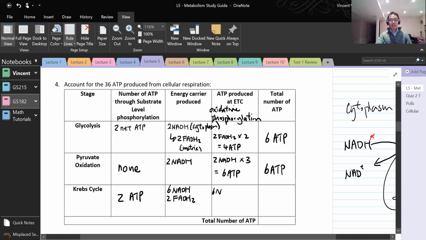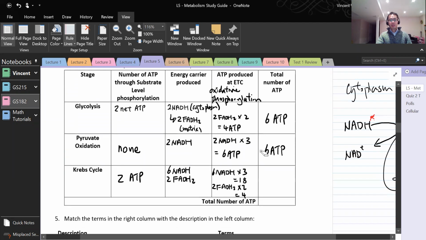So 6 NADH times 3, 2 FADH2 times 2. That gives you 18, and this gives you 4. So 18 plus 4 plus 2, that is going to be 24 in total. And if you add 6 and 6 and 24, you get your 36 ATP.